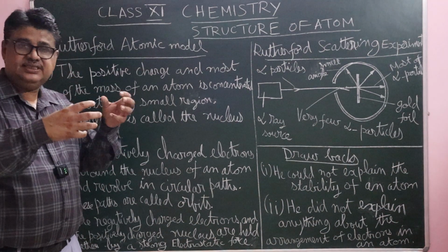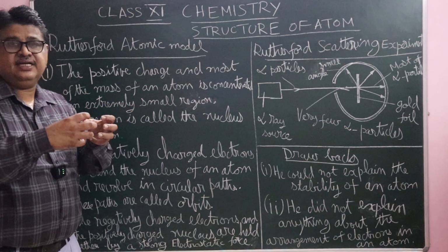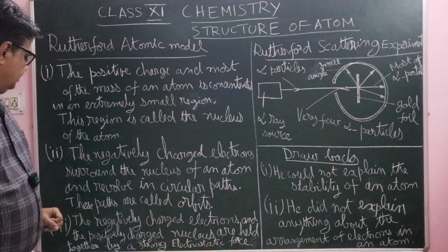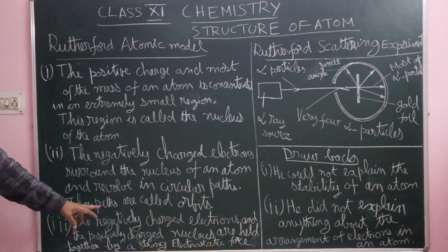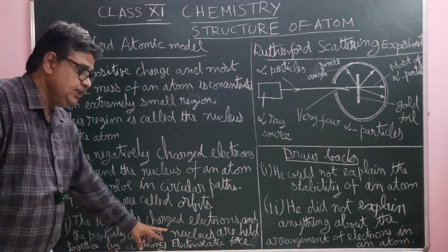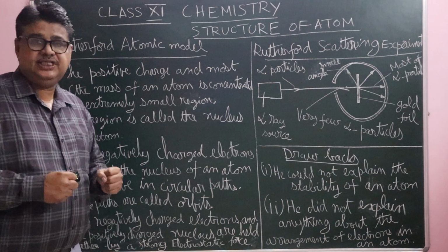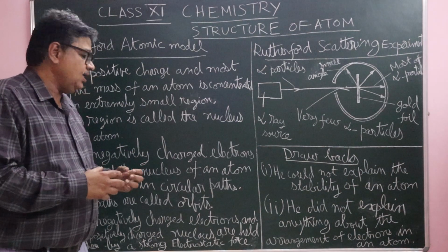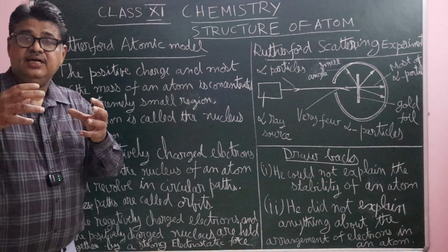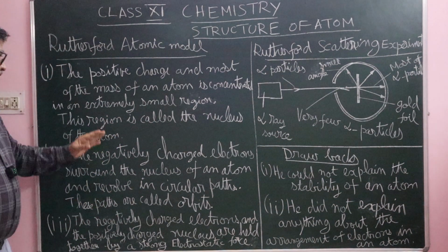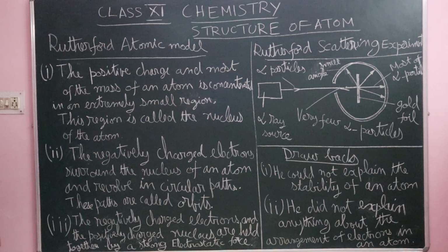They are held together by the strong electrostatic force of attraction. So the positively charged nucleus and the negatively charged electrons are held together by the electrostatic force of attraction. These are the postulates of Rutherford atomic model.